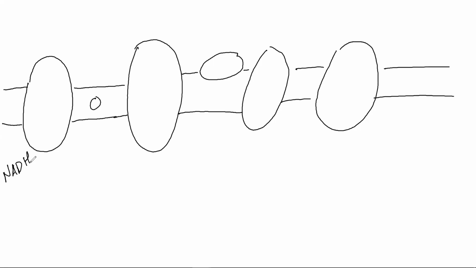NADH is going to go up to this protein. It's going to exit as an NAD+. And I'm going to represent the traveling of the electron with an orange arrow. The electron that NAD gives off will go here into this protein.